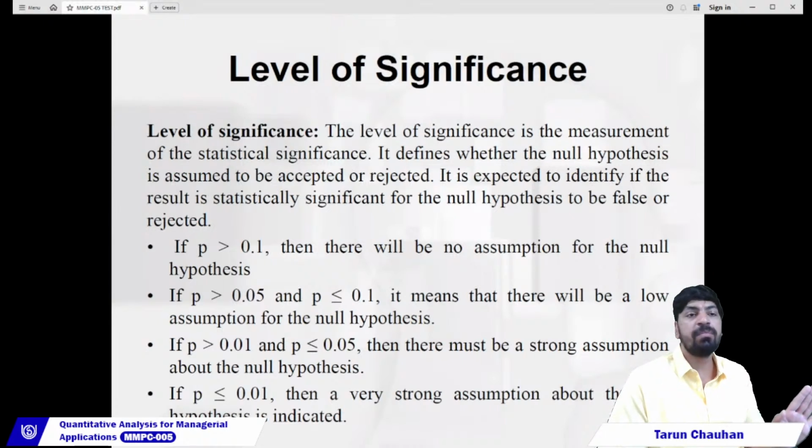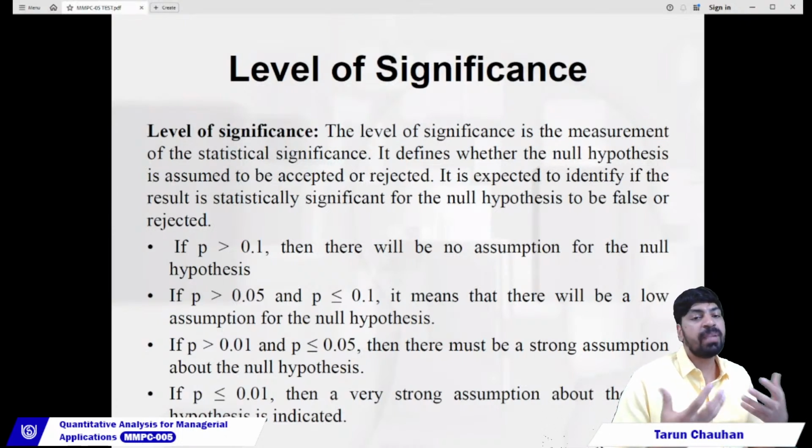If P is greater than 0.05 and less than 0.1, there may be a chance to assume whatever the researcher has stated in the null hypothesis.